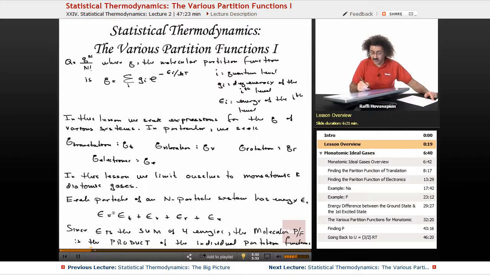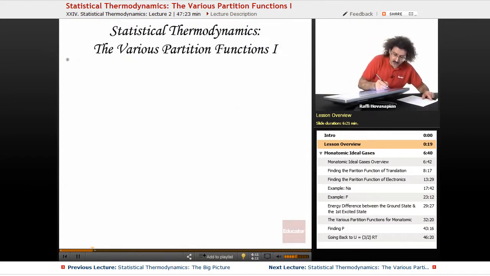The partition function for translation, for vibration, for rotation, and for electronic energy. The total molecular partition function of the molecule is the product of the individual partition functions for each component of the energy.